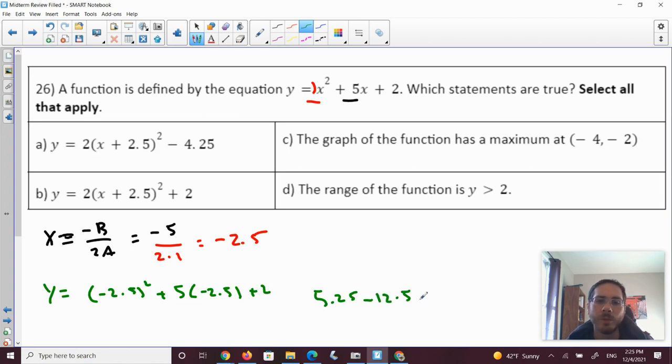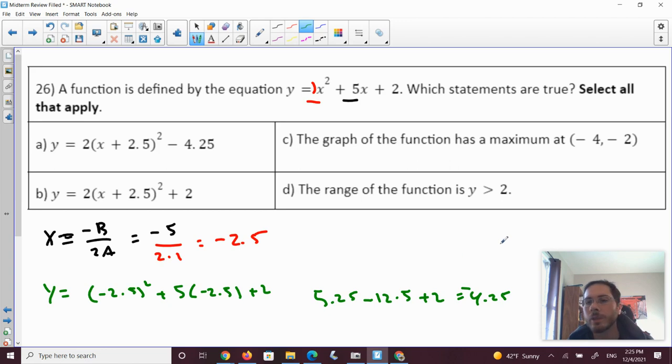And then plus 2 is plus 2. We'll combine our like terms, which is all of them in this case. 6.25 and 2 is 8.25, minus 12.5, so 4.25. Yeah, that looks pretty good. Oh, gotta be negative.